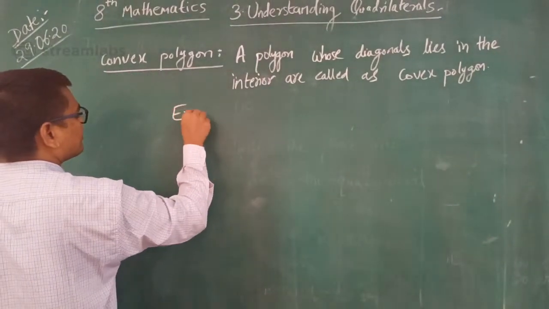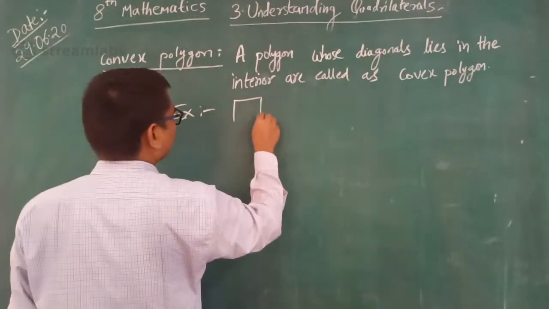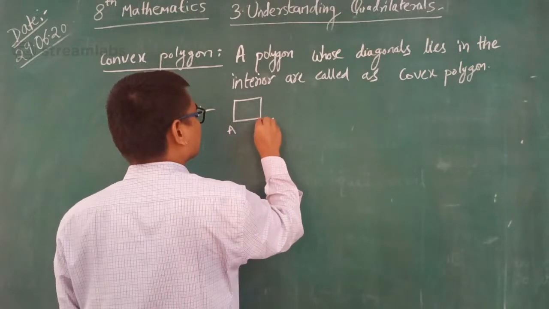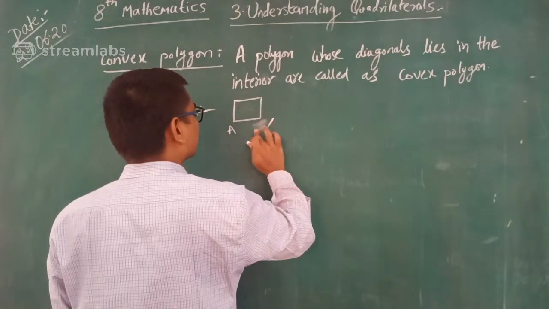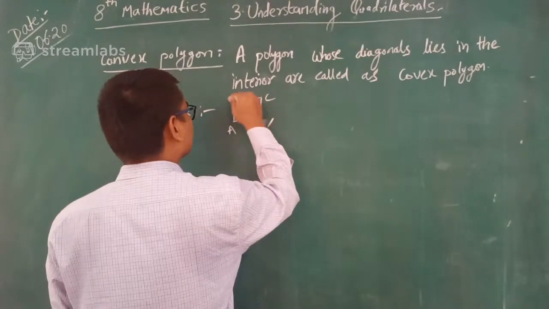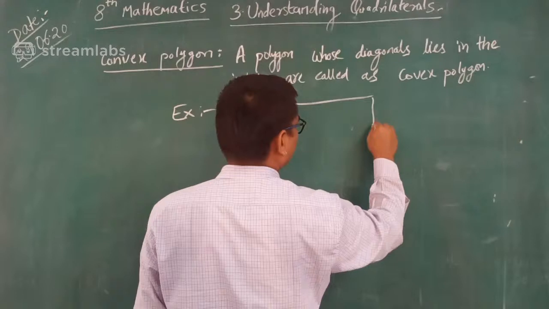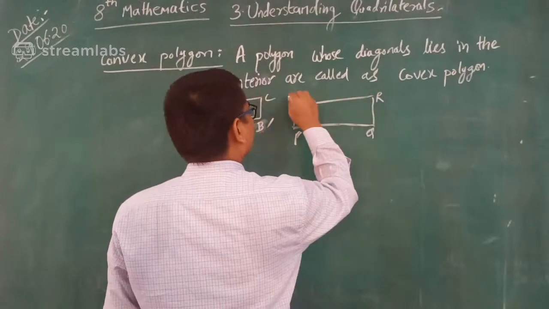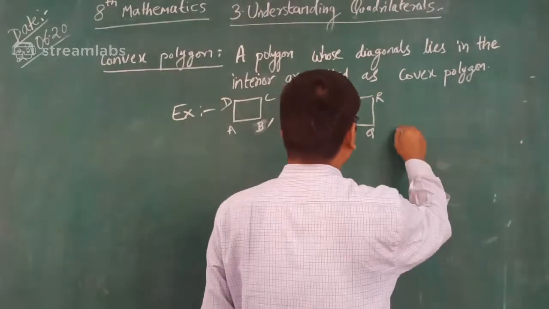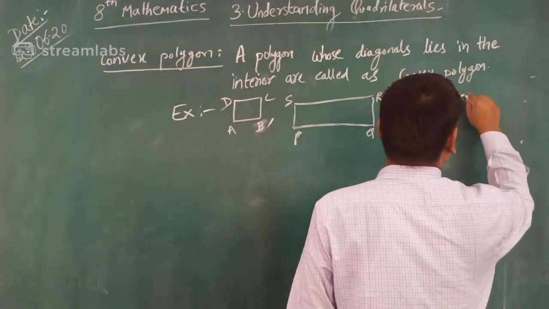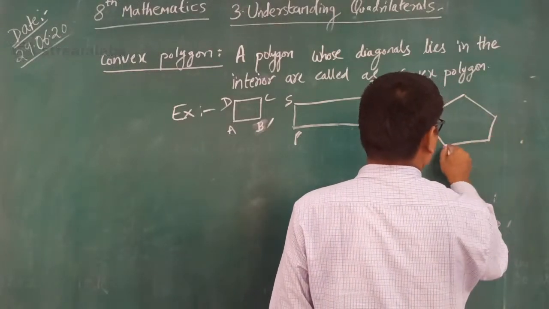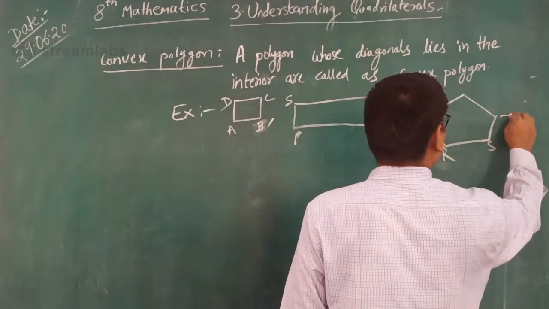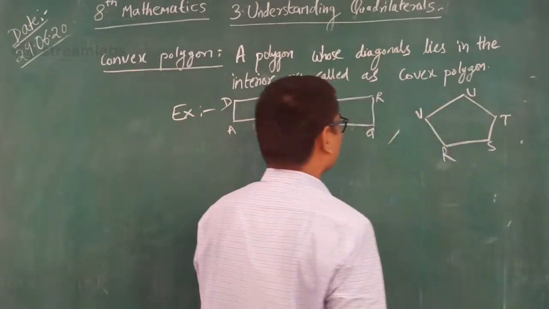Examples: a square, a rectangle, a pentagon.